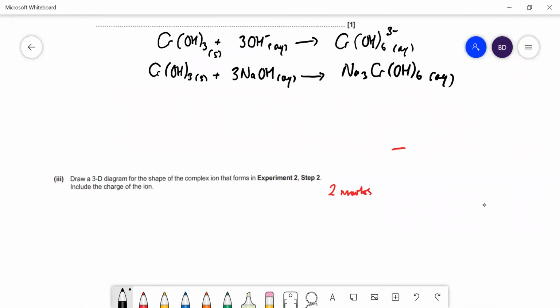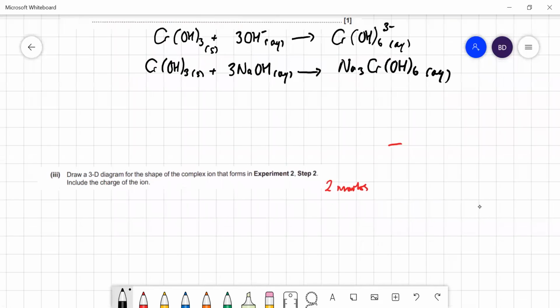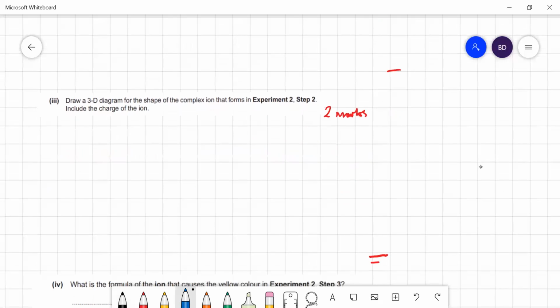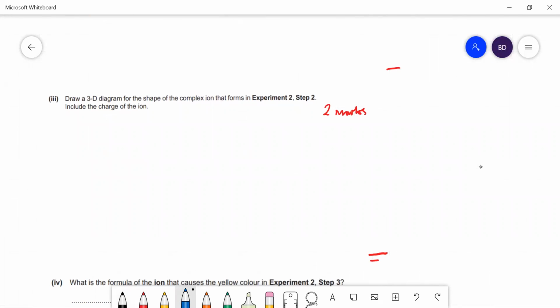Draw a 3D diagram to show the shape of the complex ion formed in experiment 2. So we've got to draw a 3D diagram for this, where it's got 6 ligands, so it's going to be octahedral. We're going to have Cr, with 2 ligands going back into the plane of the paper, 2 ligands coming out.